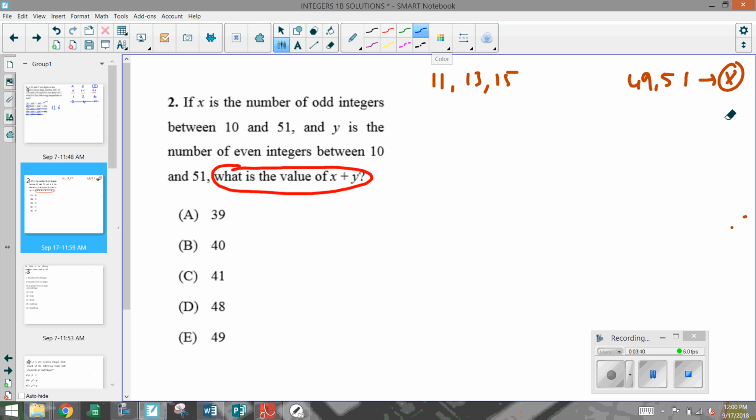Y is the number, okay, let's write y's. The number of even integers between 10 and, it's talking about even, right? 10, 12, 14, until it's gonna go all the way up to 51, but I cannot take that. So here's my question. Are the value of x and y equal or not?